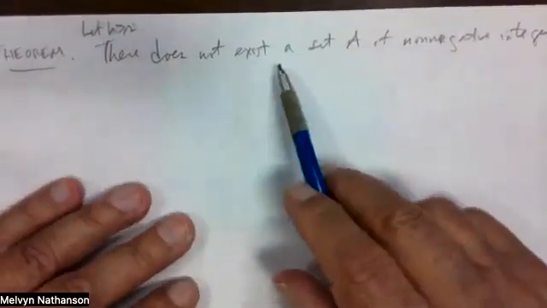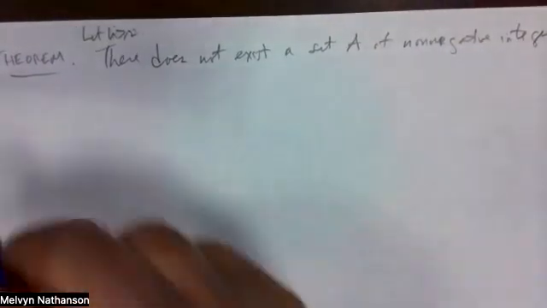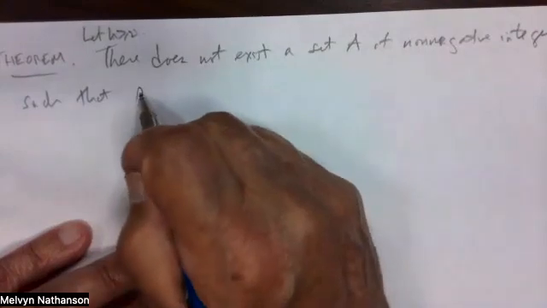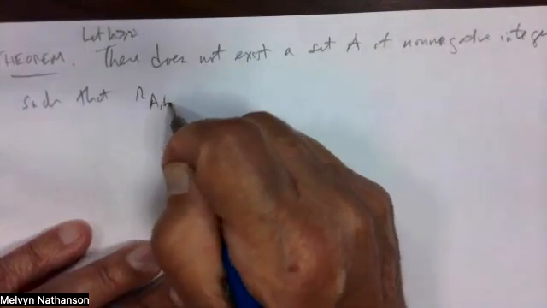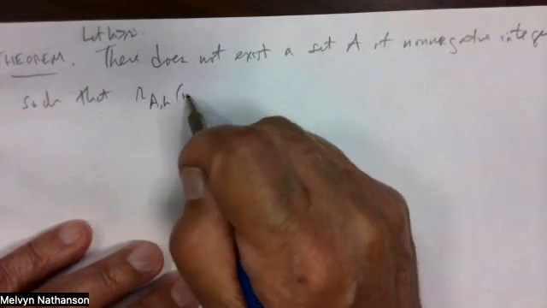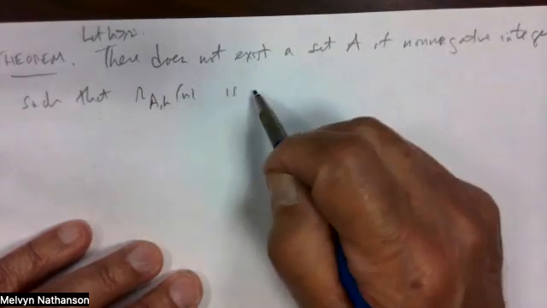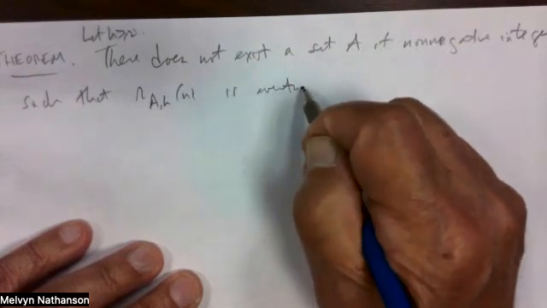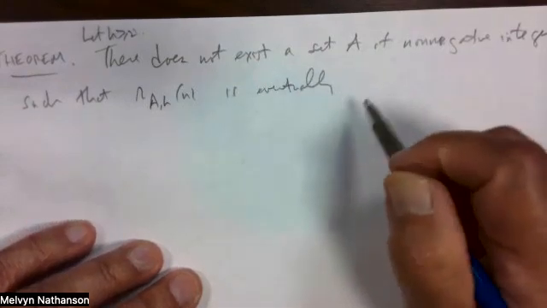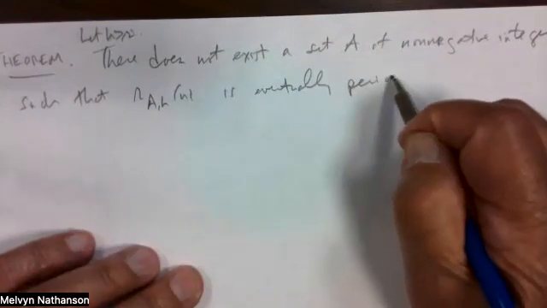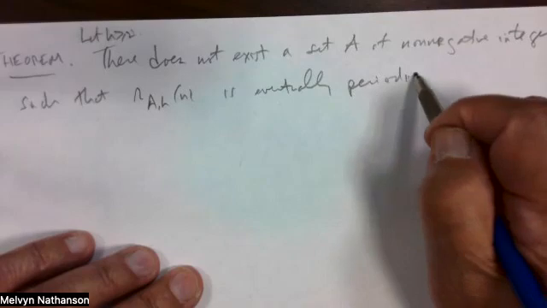There does not exist a set A of non-negative integers such that the representation function, and let me just keep it as the strictly ordered representation function, R sub A H of n, is eventually periodic. So it doesn't have to be constant, it's say eventually periodic.